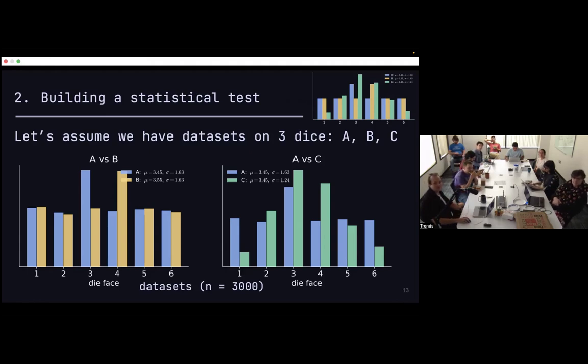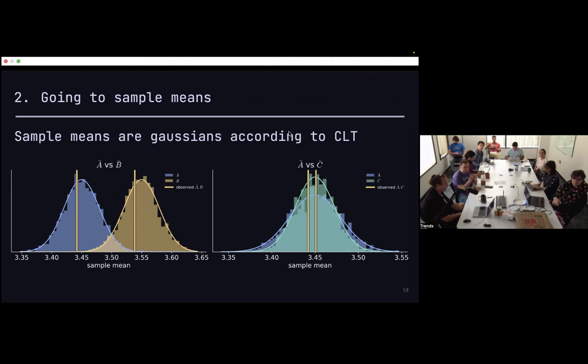So what can we do with that? We see that they are different, so we assume that we should be able to tell them apart. But how can we do it with numbers? We can do it using the central limit theorem. For these results, I sampled many data sets, 2,000 data sets of each die, and I found their sample means.